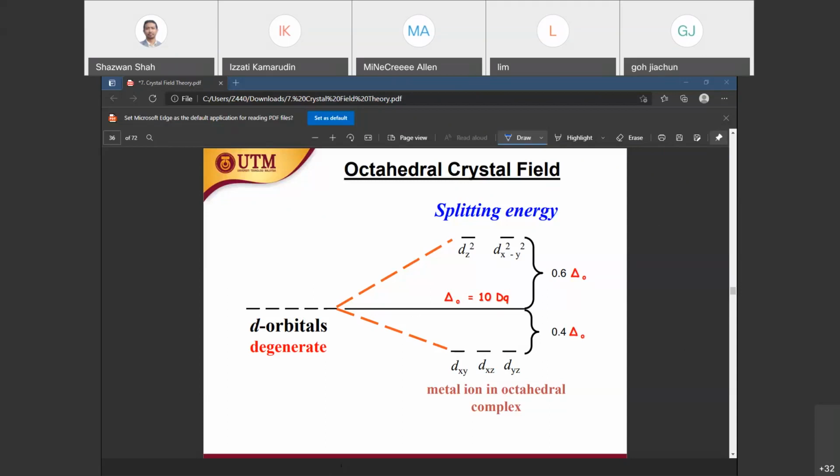If you don't understand VBT and CFT, it will be difficult for you to understand MOT. So make sure that you know the differences between VBT and CFT, so that later on when you learn MOT, it will be easy for you to understand.